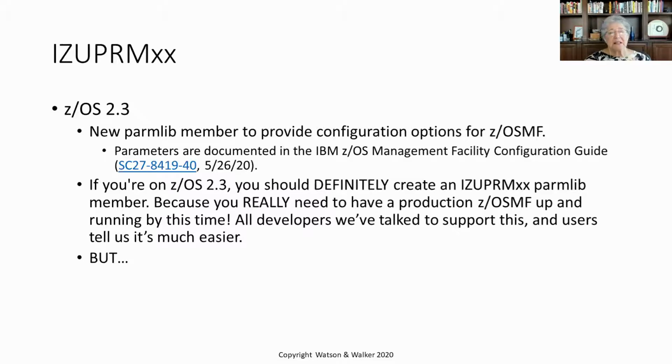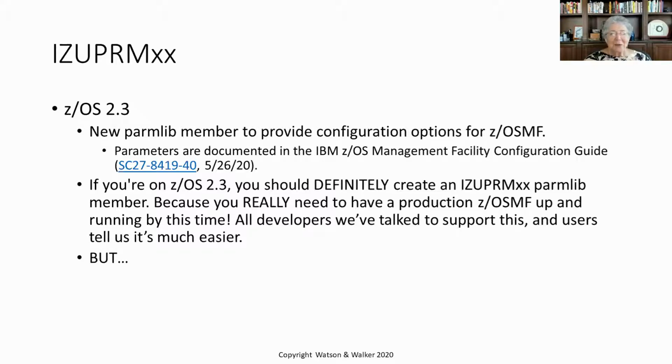IZUPRM, this was added in 2.3 to give you general configuration options for setting up z/OSMF, because the other options were putting in Unix parameters that people didn't like to deal with.